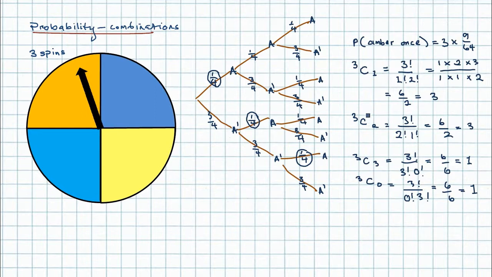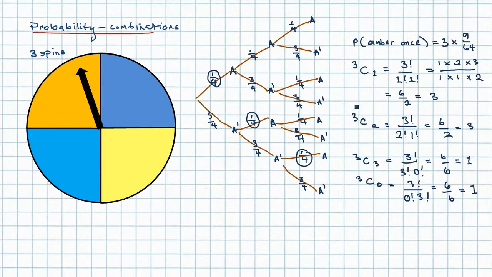So 3 things chosen from 3 things is the same as no things chosen from 3 things, or 2 things chosen from 3 things is the same as 1 thing chosen from 3 things. So the choose function that we're using here to get these combinations is a very interesting function, and you might want to experiment with all sorts of different numbers. It has a kind of symmetry which is fascinating.